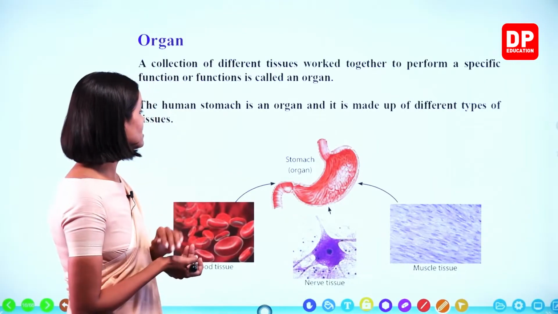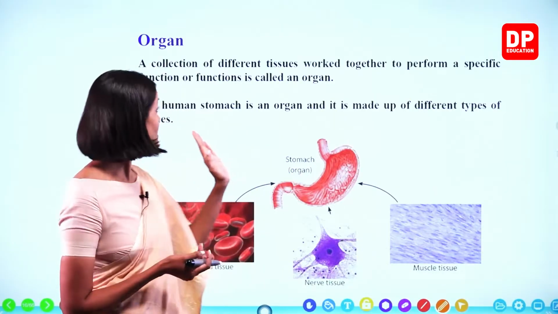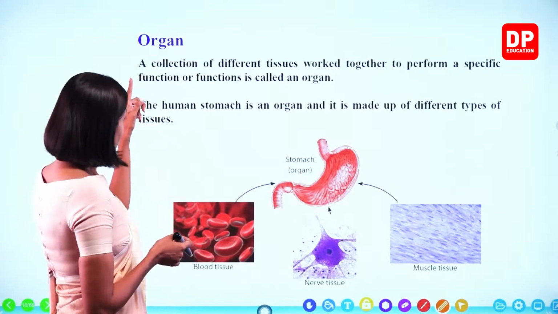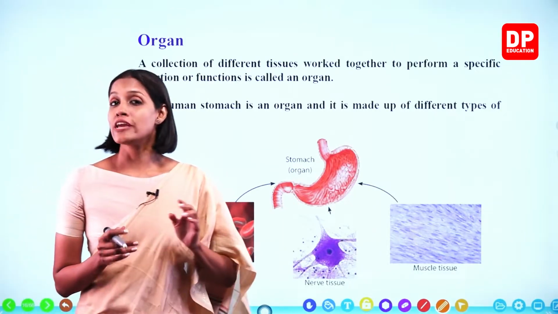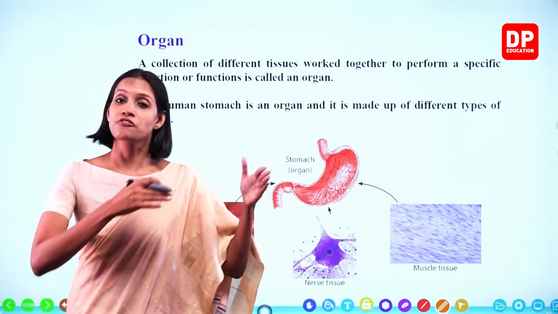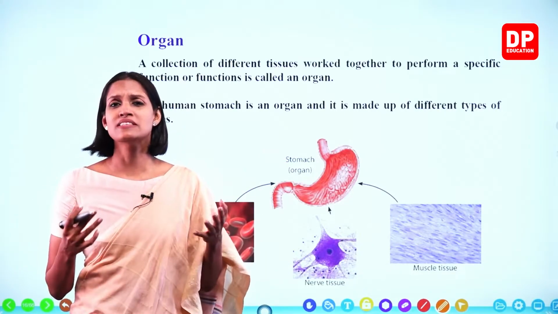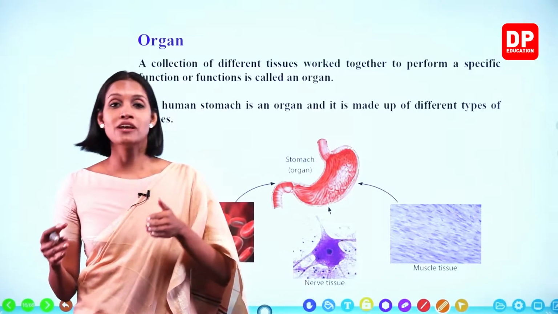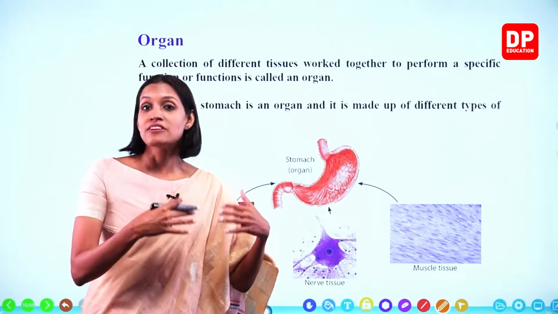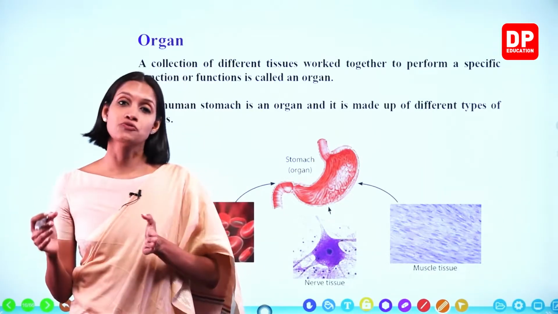Now we are going to learn about the other levels of organization of a living being. The next level we are going to discuss is the organ. As I already explained in the flow chart of these organizational levels, what is the meaning of an organ? Now you all know that a tissue is made by grouping a large number of cells, right?